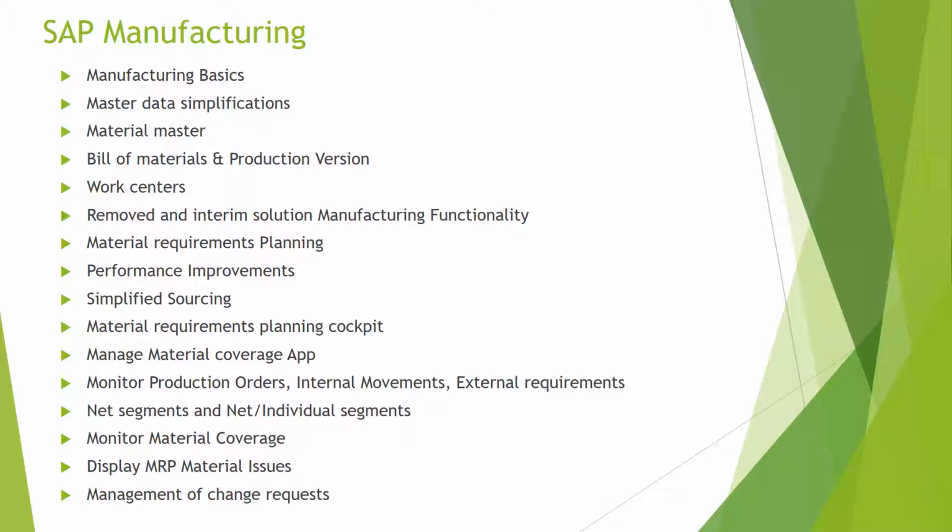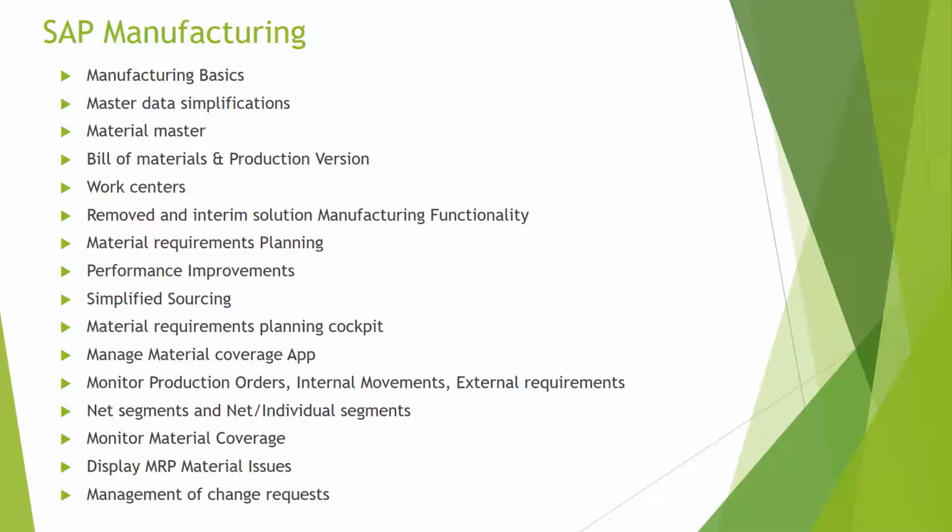This video then explores the manufacturing functionality, that is material requirements planning, MRP, and production, calling attention to places where substantial improvements have taken place to relevant operational and analytical reports and SAP Fiori. At the end of this video, we can explain the manufacturing reports on equipment effectiveness and real-time manufacturing data.